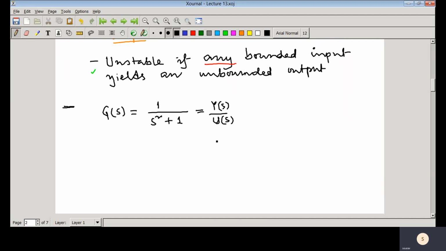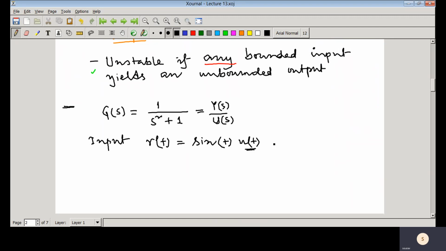Now if you apply an input, suppose the input that you have applied is r(t) equal to sin t into u(t). Here u(t) is the unit step function.